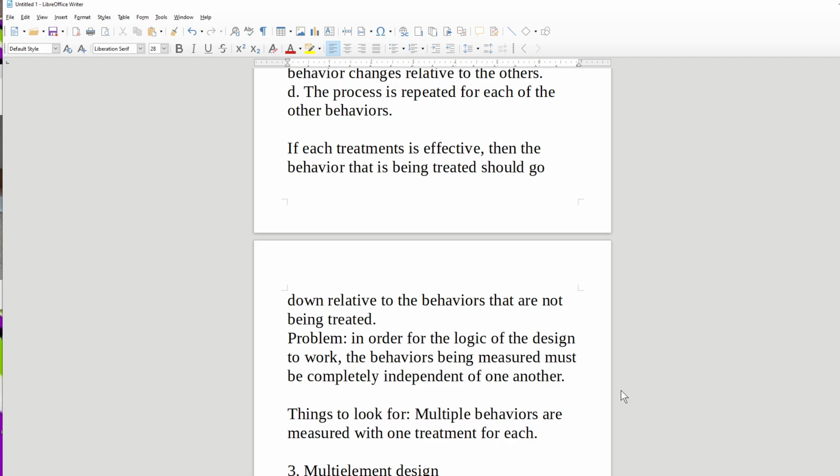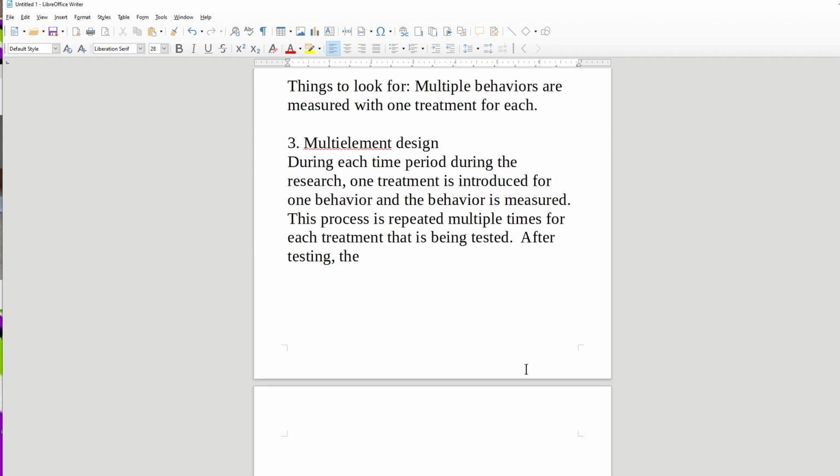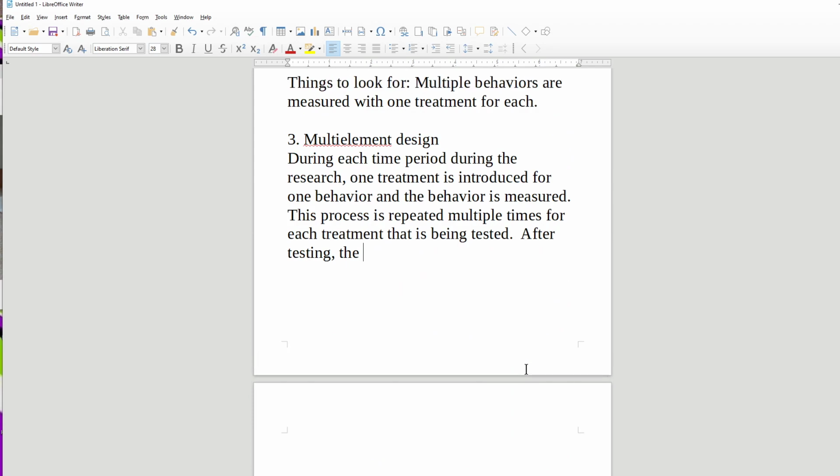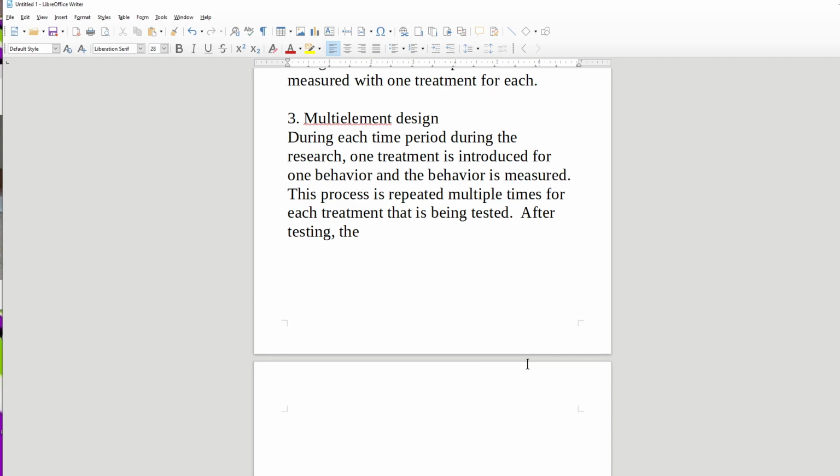Let me go slow over it again. Multi-element design. During each time period during the research, one treatment is introduced for one behavior, and the behavior is measured. The process is repeated multiple times for each treatment that is being tested.